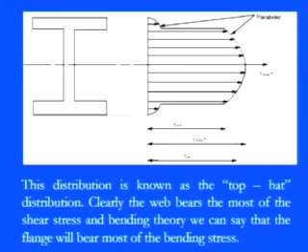This is the common phenomenon known as the top hat distribution for shearing stresses, because the hat is on the top, and the bottom side follows a similar structure. Clearly the web bears most of the shear stresses, and with the bending theory we can say that the flange will bear most of the bending stresses. This is a pretty important phenomenon.